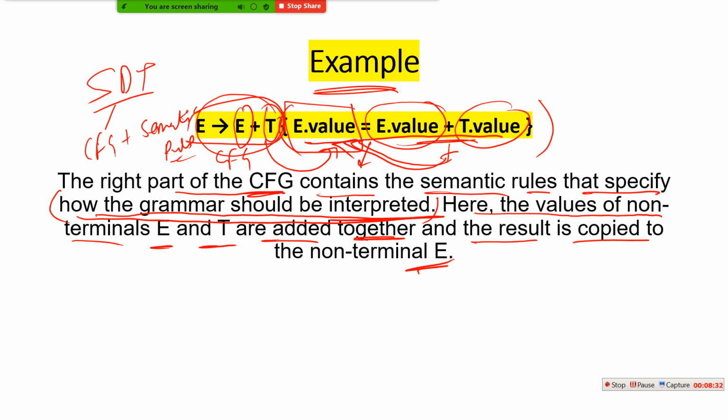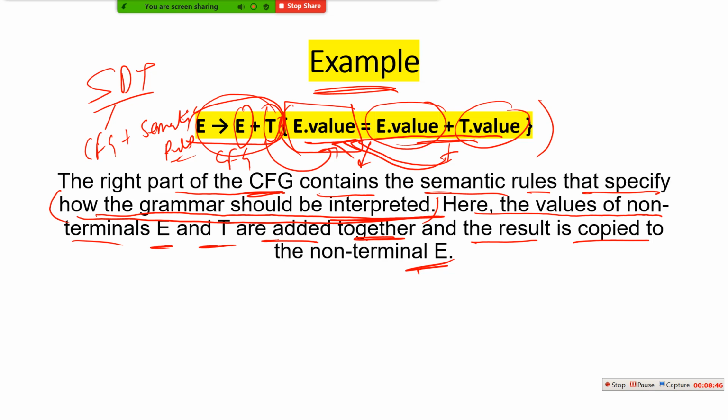So this is the basic first example of our SDT, that is syntax directed translation. Now guys, I am presenting a very important question in front of you. First we will see how SDT can be created, and later I will give you examples in real GATE scenarios and you will solve them, right?